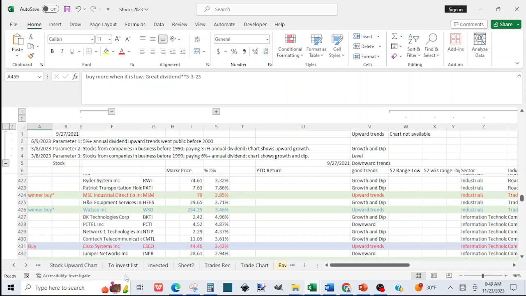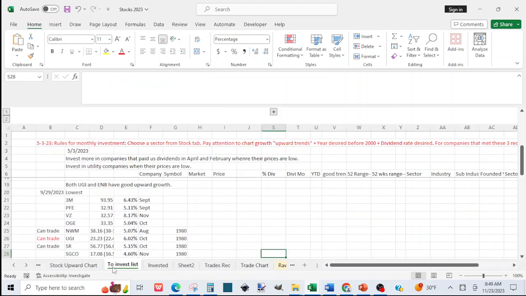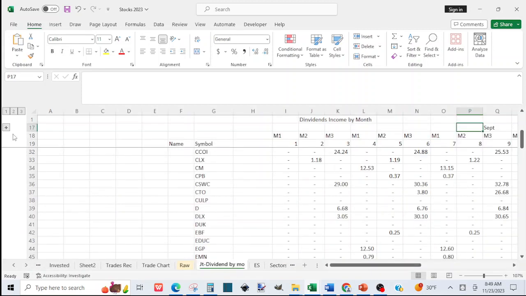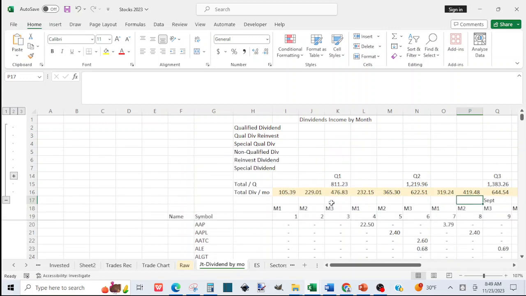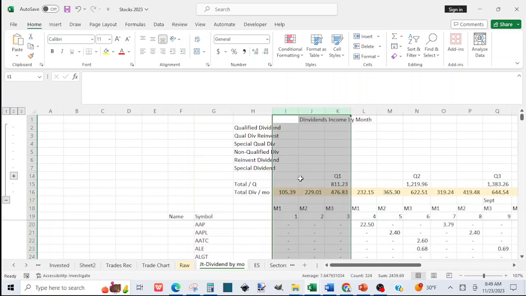And the month that you notice that if you make dividend income every month of a quarter, that means you reach that first goal of making passive income every month, even when you are sleeping.